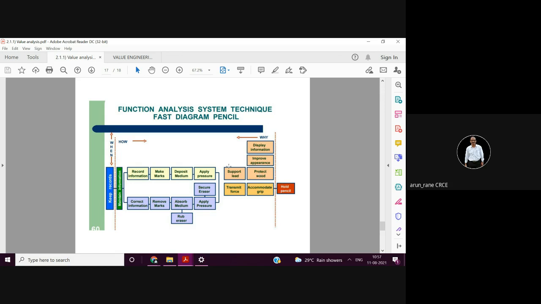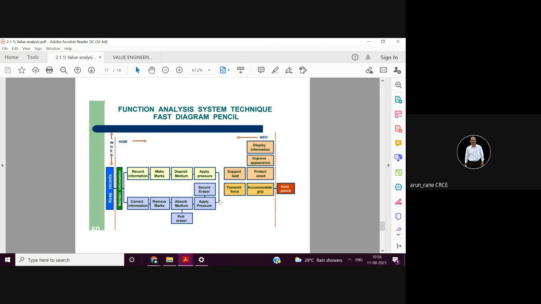So these are all requirements. You should transmit the force, then the space should be enough to accommodate the grip. So when it has to be done, why it has to be done, and how it has to be done, for a particular function. Now here the function is this, holding the pencil. Why, when, and how. Okay, so this is a block diagram.